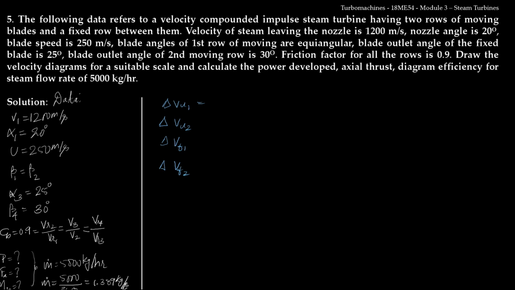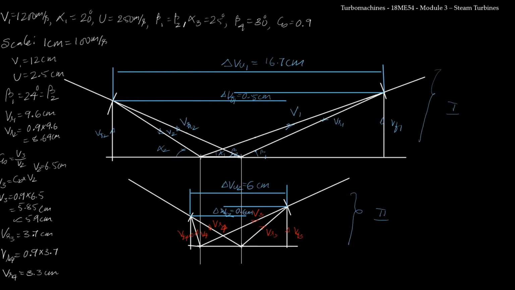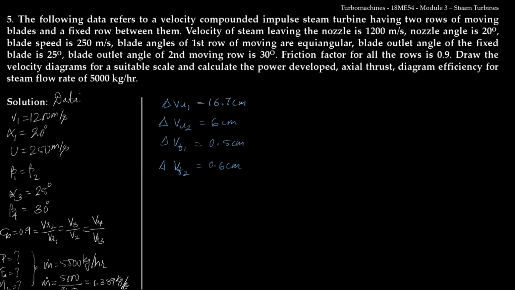So delta VU1 was around 16.7 centimeter, delta VU2 was around 6 centimeter, delta VF1 was around 0.5 centimeter, and delta VF2 was around 0.6 centimeter. Let us just verify those values: 16.7, 0.5, 6 and 0.6. Okay, these values are correct.